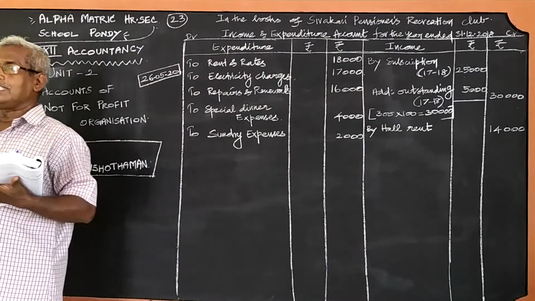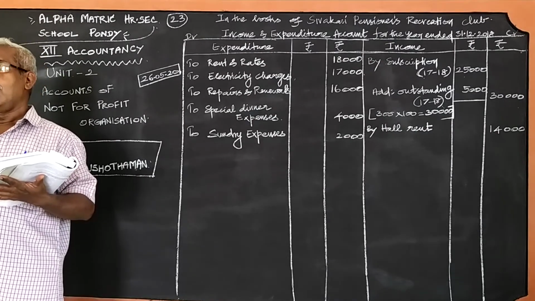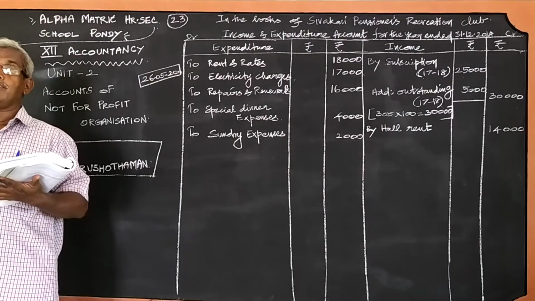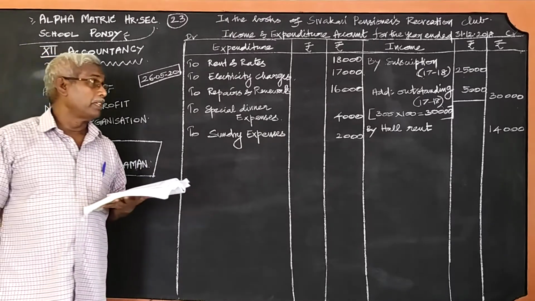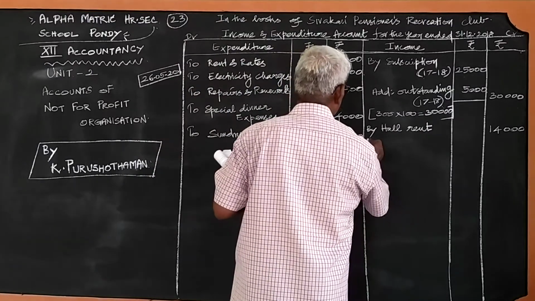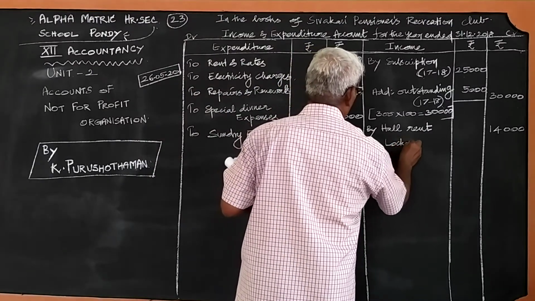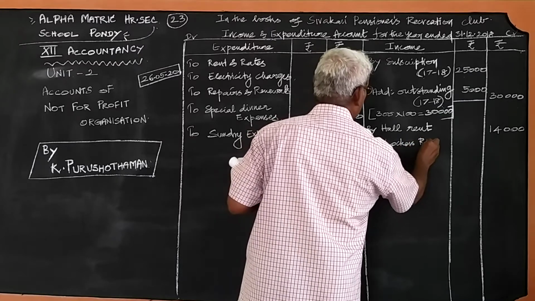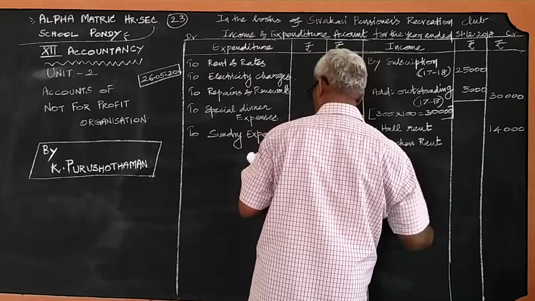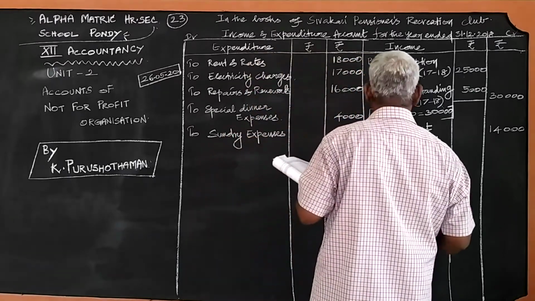Legacy is a capital item which should appear on the liability side of the balance sheet. So that should not be written here. Then locker rent, 5,000.